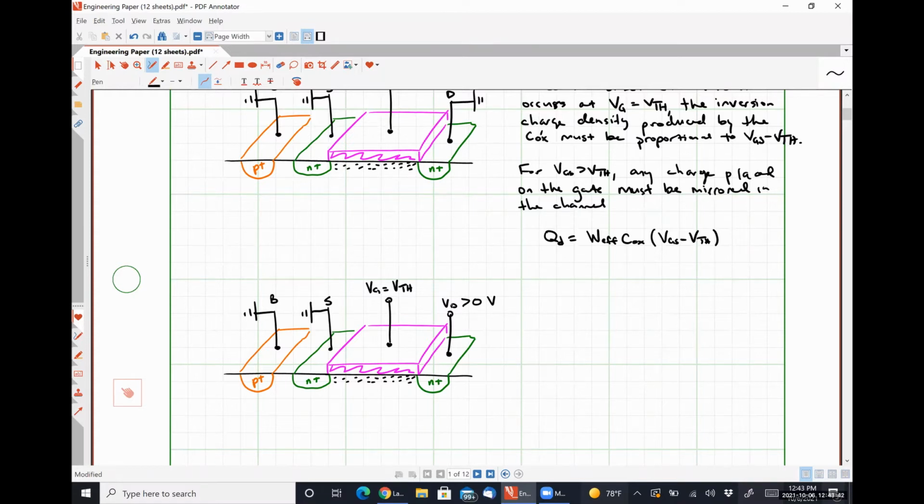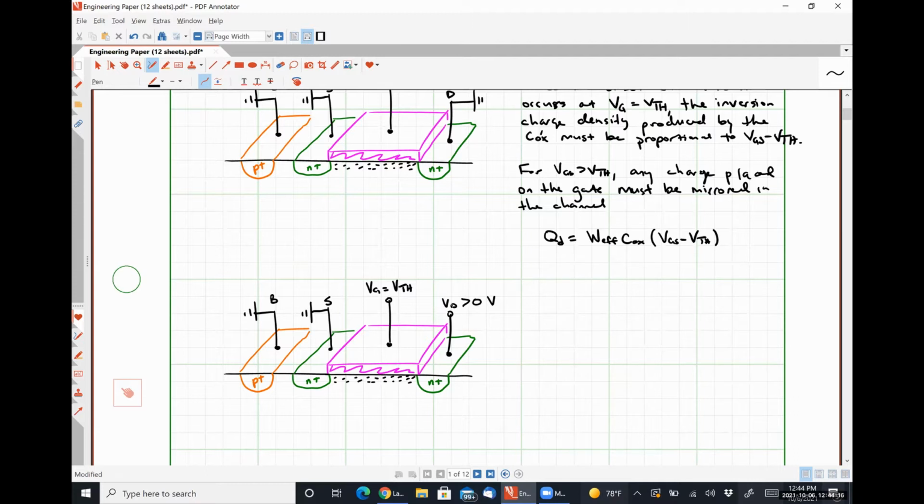So let's take it to an extreme here. So if we apply a non-zero voltage, there's going to be a difference in the electric potential across the channel, right?